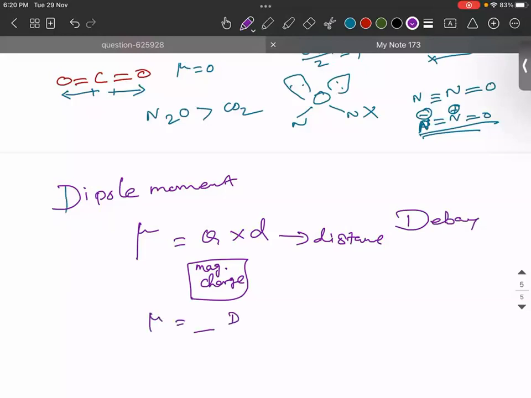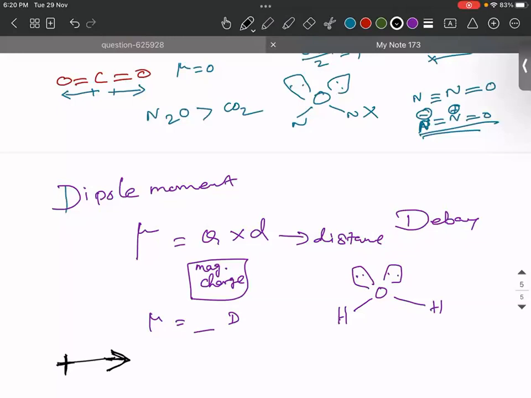If you take the water molecule, you know that water is a bent molecule, correct? So you have the lone pair of electrons. Will the dipole moment go towards oxygen or away from oxygen? See, you are putting the arrow mark like this. Here you have the plus symbol, here you have the negative symbol. The negative end goes in which direction?